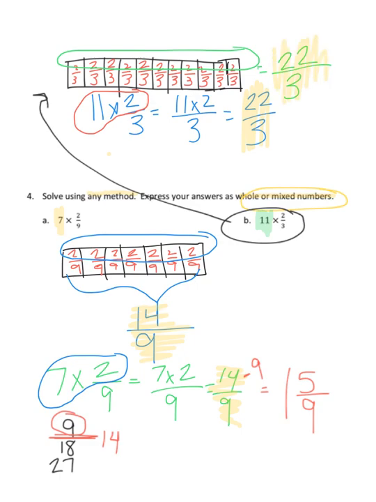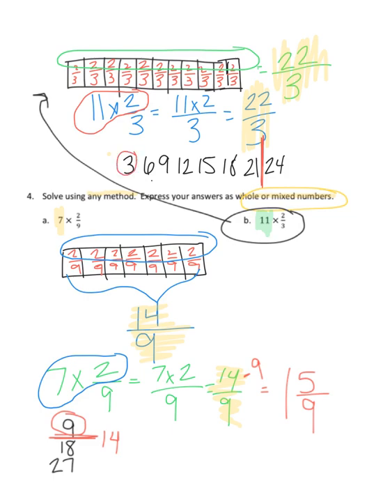Last thing we need to do is turn this into a whole or mixed number. So I'm going to see how many times 3 fits inside 22. First thing I'm going to do is write out my factors. All right, so I have my 3's factors written out. 22 is going to land between 21 and 24. So let's see how many whole numbers I can pull out.